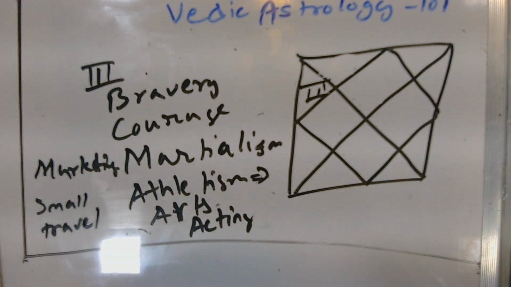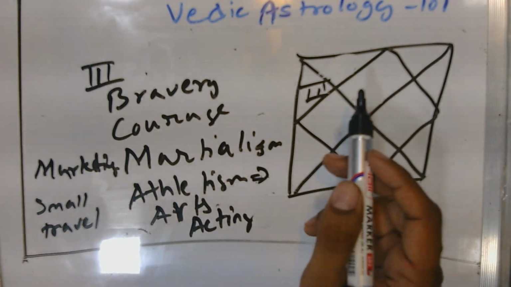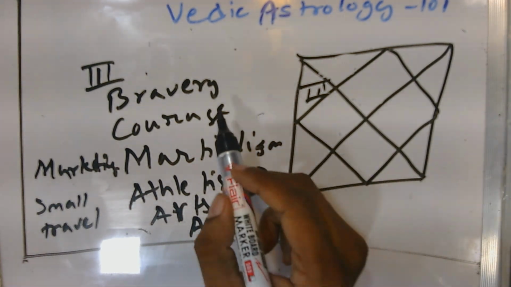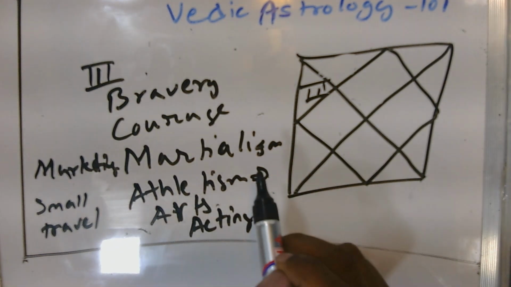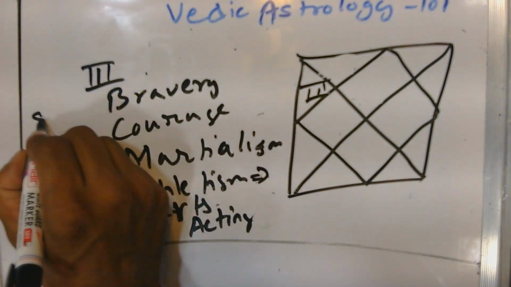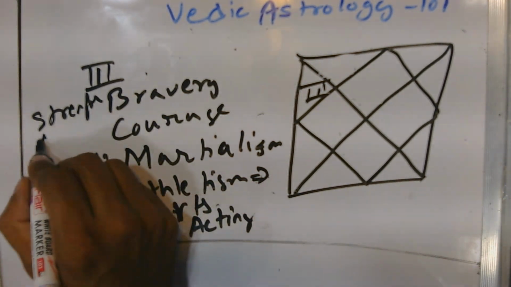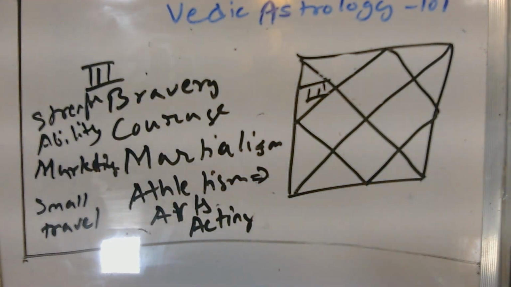So you can see that each house is giving us multiple information, but mostly of somewhat similar nature, like bravery, courage, athleticism. Third house is generally giving you information about, you can also say, strength or your ability. So these kind of things are seen from the third house.